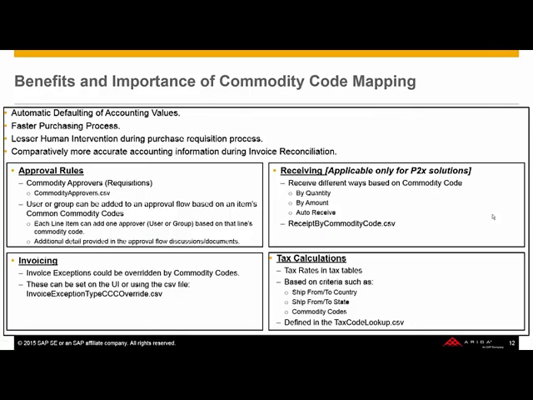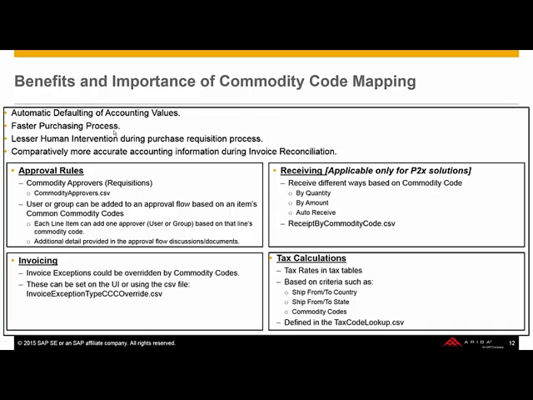So I've touched upon some of this already, but there's quite a few benefits of using commodity code mapping. The first, as we saw from the previous slide, is automatic defaulting of our accounting. This will default account for you automatically based on what commodity you've chosen, based on the item you put in your shopping cart. This will lead to a faster purchasing process overall because you don't have to worry about what accounting to default.